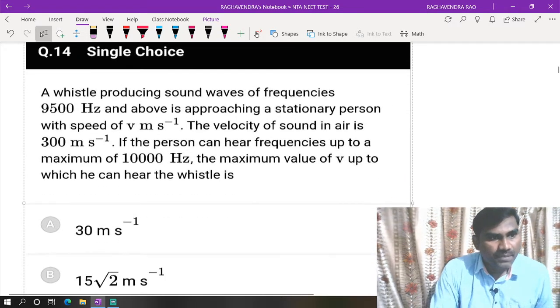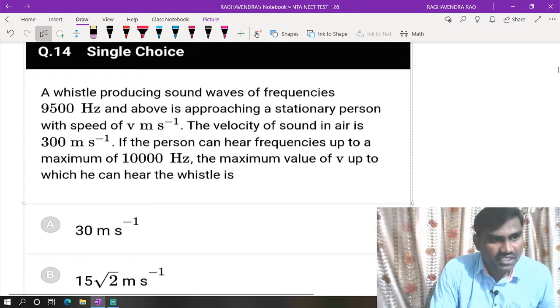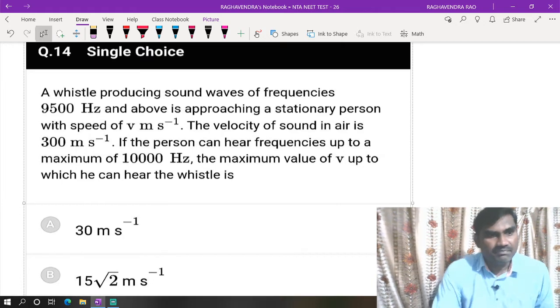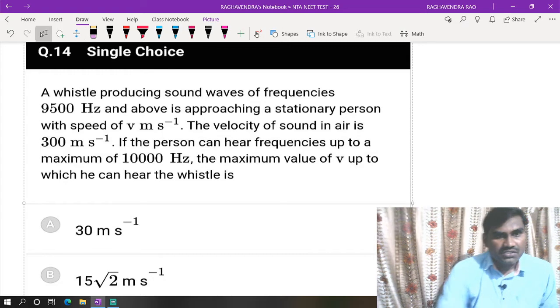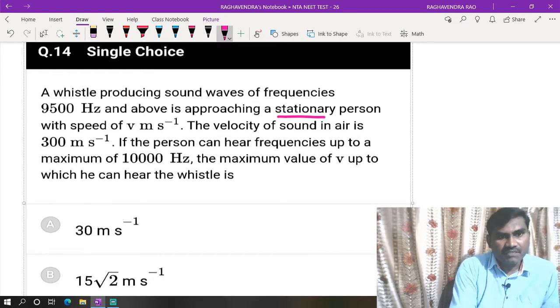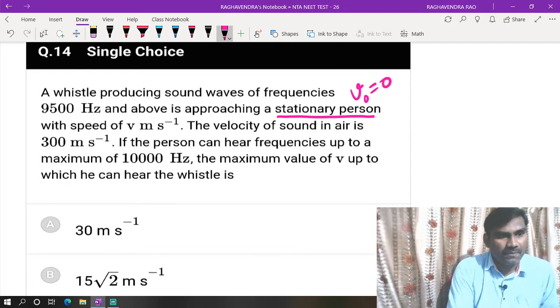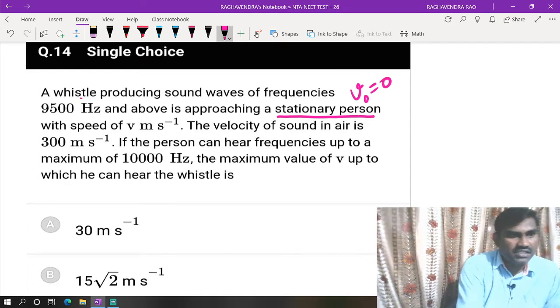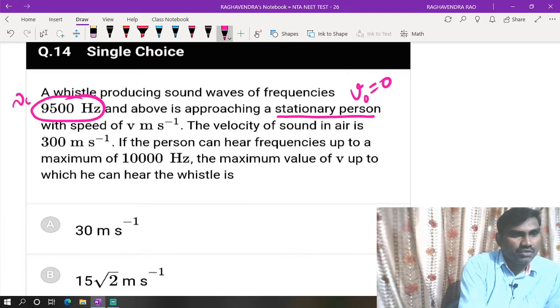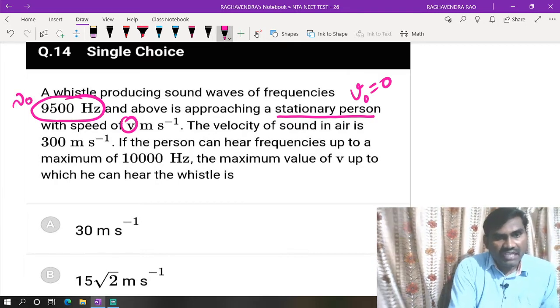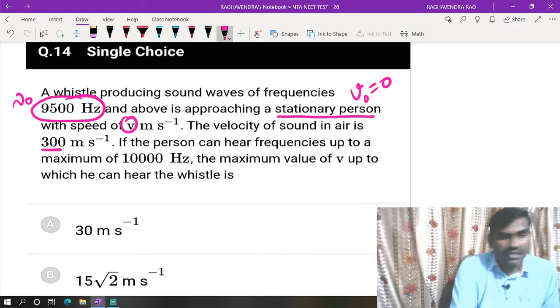Okay. A whistle producing sound waves of frequency 9500 Hz is approaching a stationary person with a speed of V meter per second. Here the person is stationary, which means the velocity of the observer is equal to 0, and the whistle producing sound has the original frequency and is moving with velocity V. The velocity of sound in air is 300 meter per second.